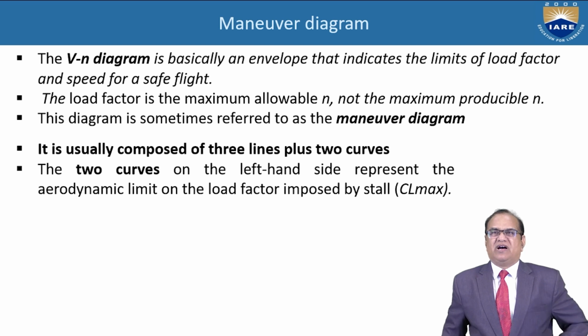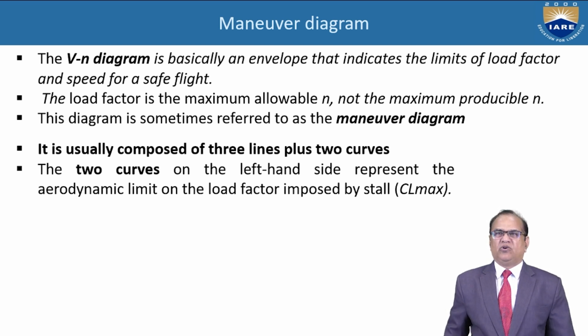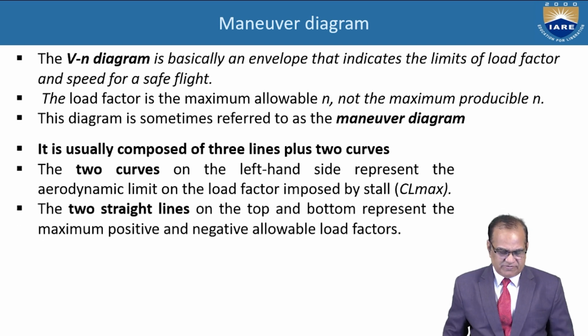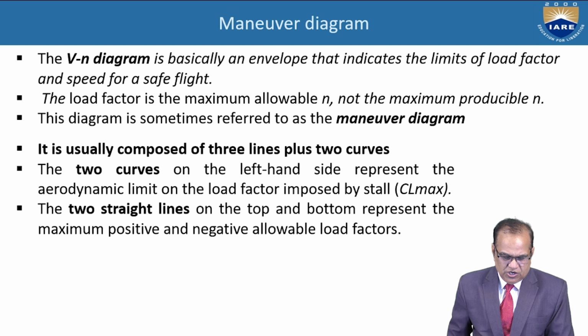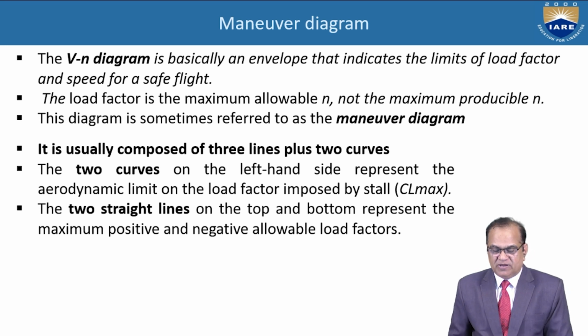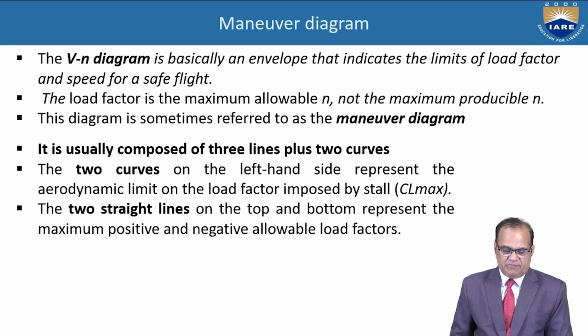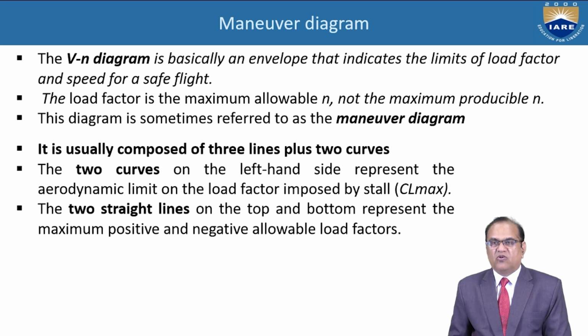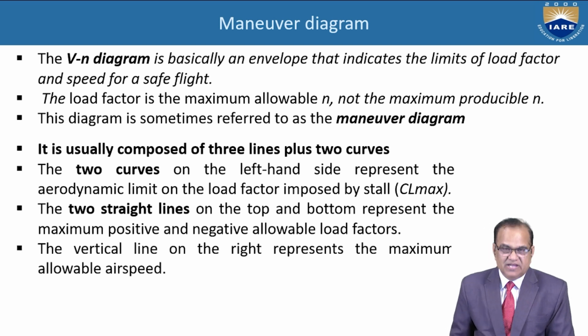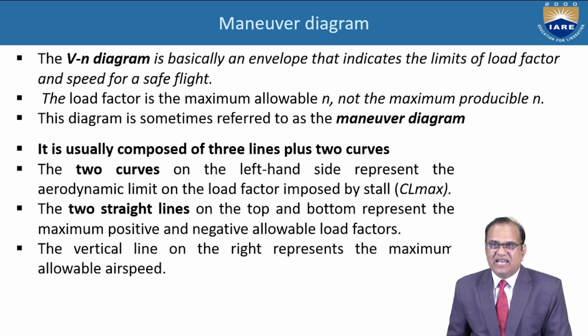The 2 curves on the left-hand side represent the aerodynamic limit on the load factor imposed by the stall, that is the CL maximum. The 2 straight lines on the top and the bottom represent the maximum positive and negative allowable load factor. The central vertical line on the right represents the maximum allowable airspeed.